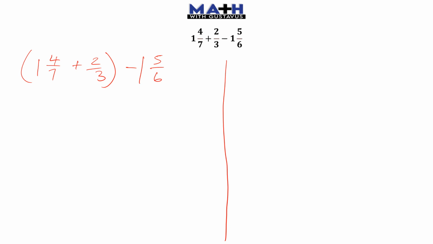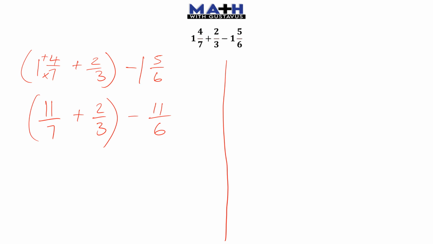So let's convert. 7 times 1, that's 7, plus 4, that's 11. So it's 11 over 7 plus 2 over 3 in parentheses minus, then we convert right here, 6 times 1, which is 6, plus 5, that is 11. So that's 11 over 6.